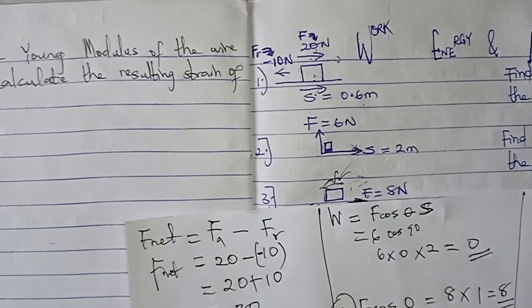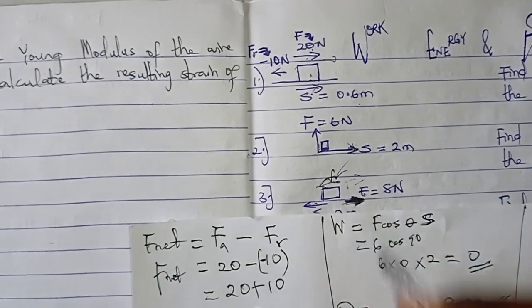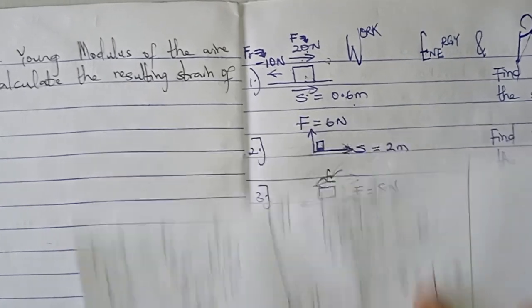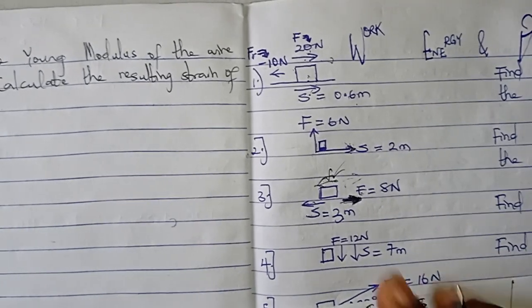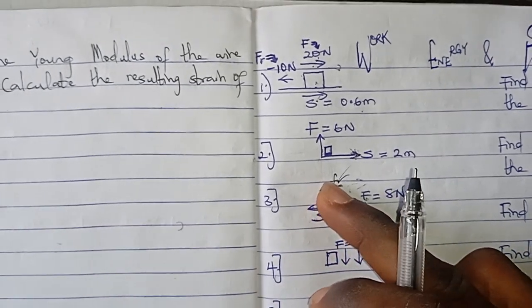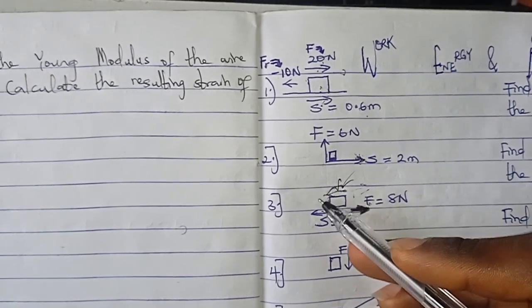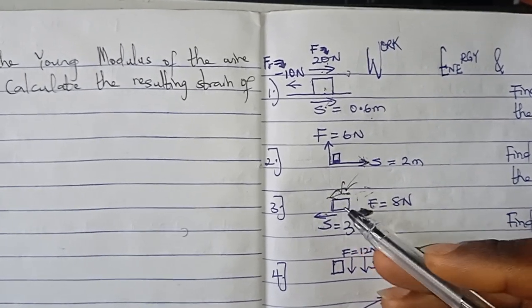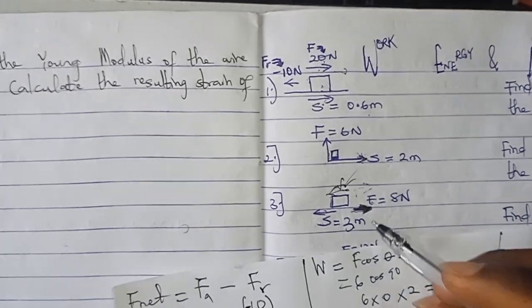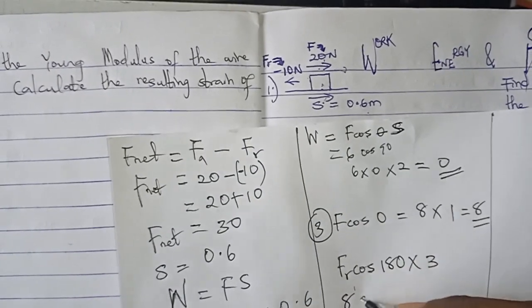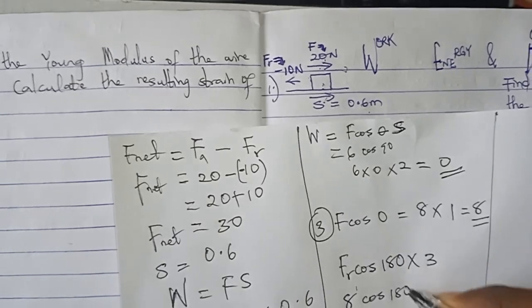So that means, watch, I can say this force here, friction, I have 8, but notice that 8 is negative. And why is it negative? Because it's going in the angle of 180. So if you don't want to do it this way, since they are in opposite directions, you say 8 cos 180 times 3.